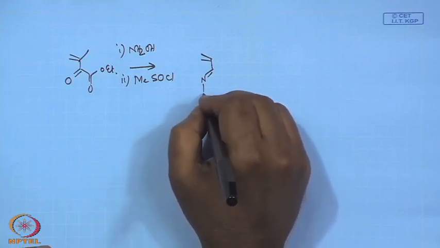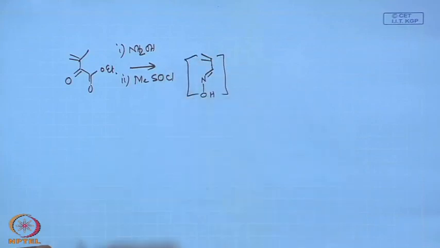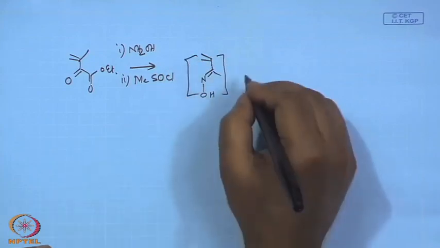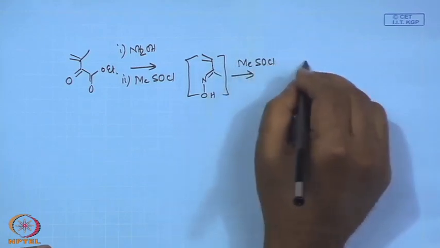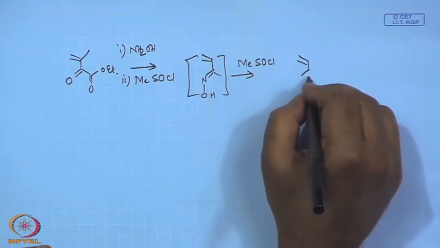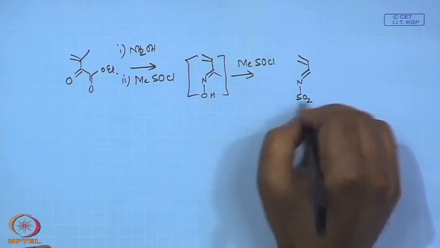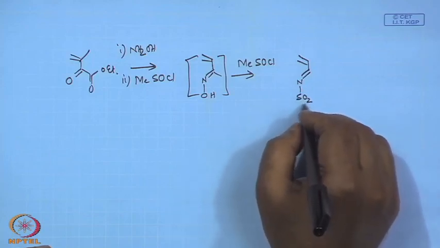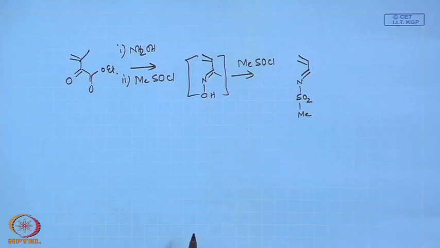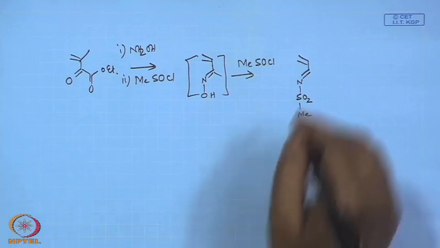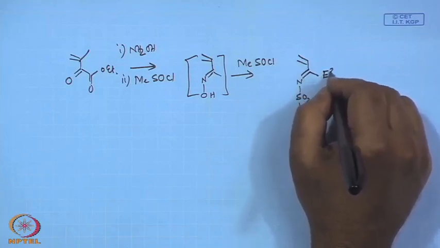This actually first forms, right. I will not write the whole structure, you can guess. So, on reaction with sulfinyl chloride, very interestingly it undergoes a sort of disproportionation and gives you this sulfonamide, and in this case this is E2 here.